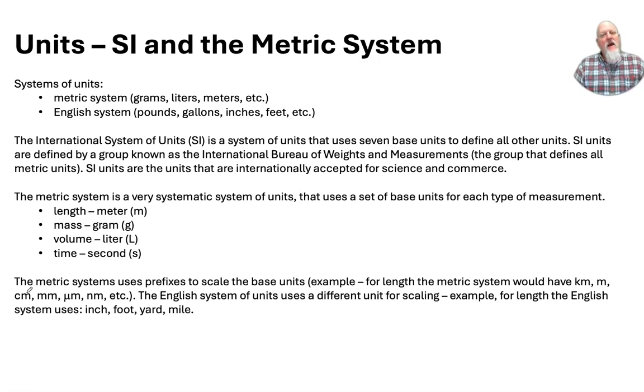Again, it can have prefixes on it, like a nanogram or a picogram or a kilogram, but it still has gram in it, which tells us it's a unit of mass. The unit of volume in the metric system is a liter, and the unit of time is the second. Okay, not minute or hour; those don't work in the metric system, but seconds do.